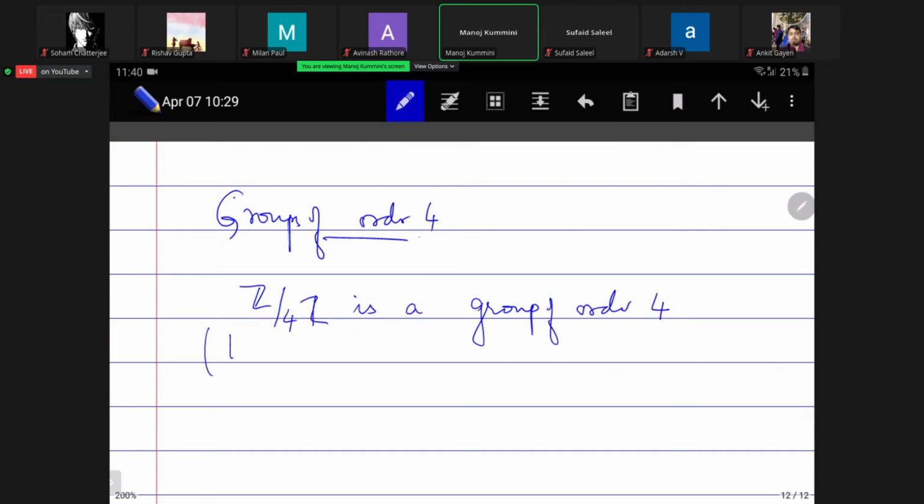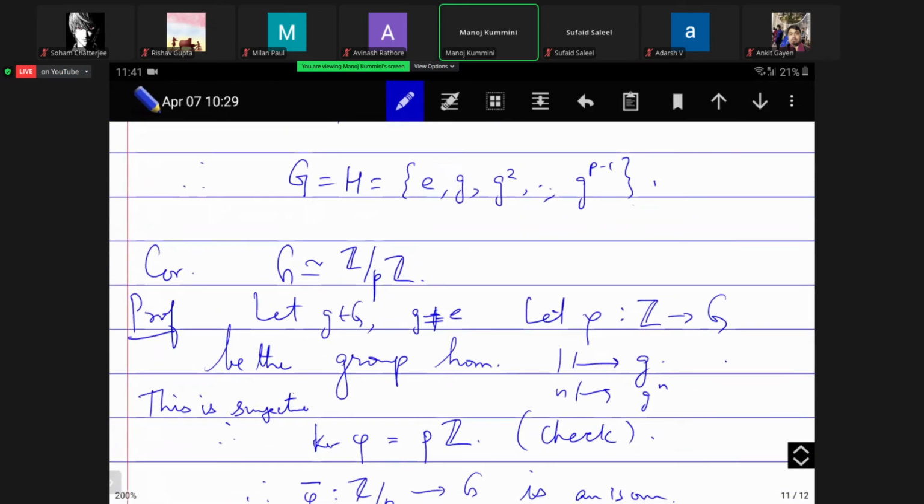In fact, it is the cyclic group of order 4. I mean, the same sort of exercise will show that given any integer, up to isomorphism, there is only one cyclic group of that order, which is Z mod LZ. Okay, so I'll put that as an exercise. It's the same argument as one would do.